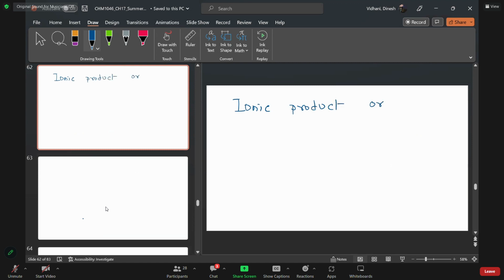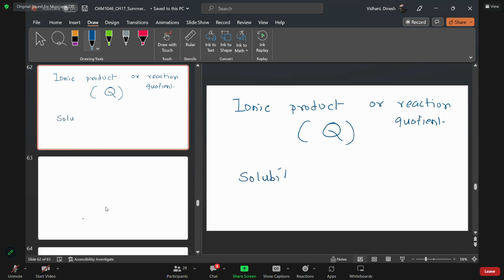Or we also call it reaction quotient, and it is given by Q. The equation for Q is exactly the same as the equation for the KSP. See, the name is also quite similar. Solubility product is your KSP.